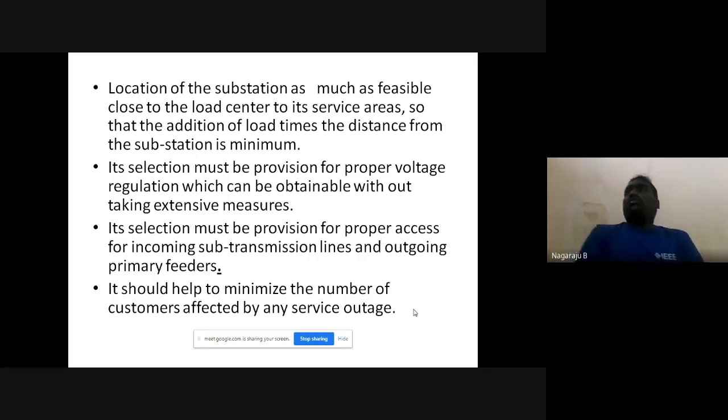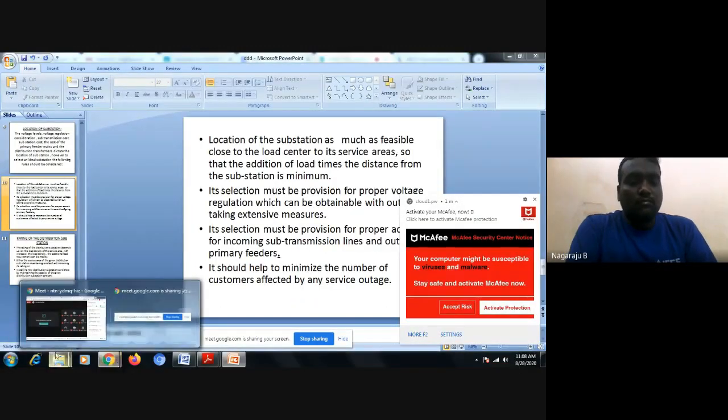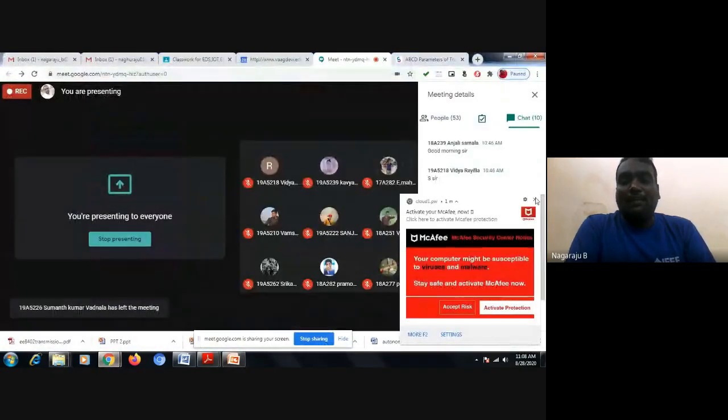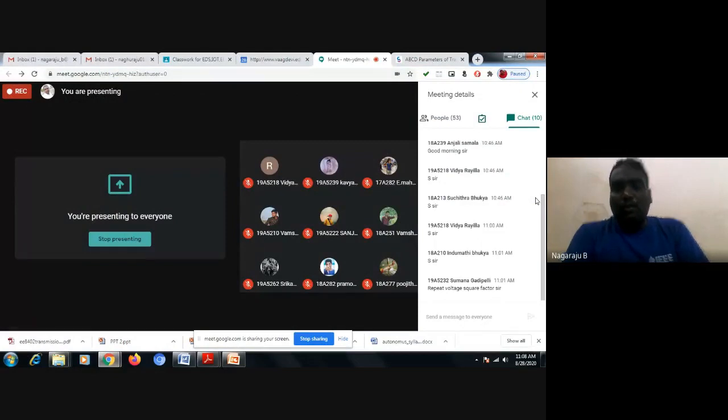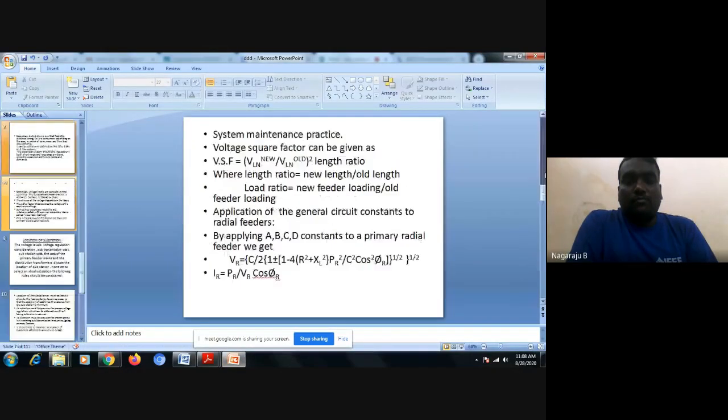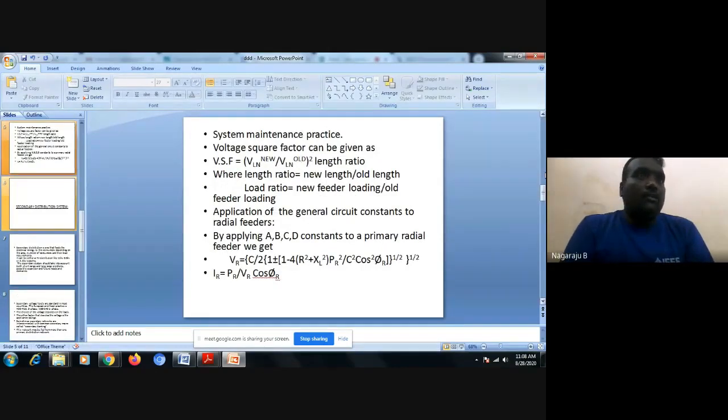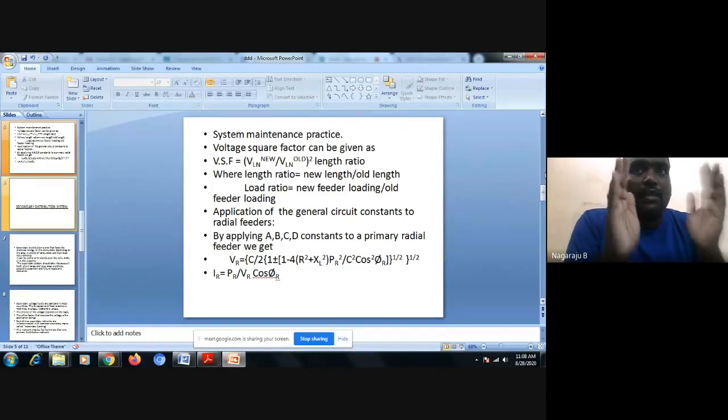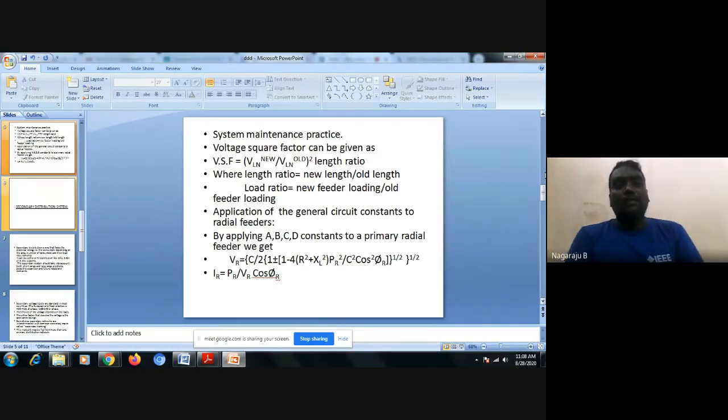So I need 100% power. Now the Olds-Square factor. The Olds-Square factor is defined as the ratio of the squared new line-to-neutral voltage to the squared old line-to-neutral voltage.